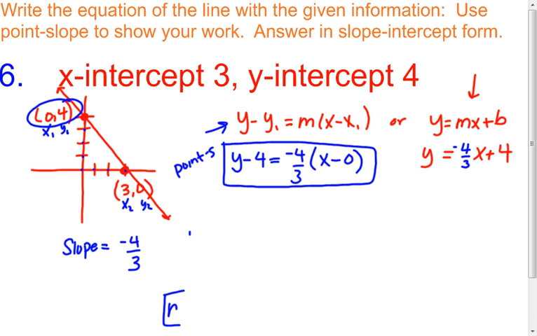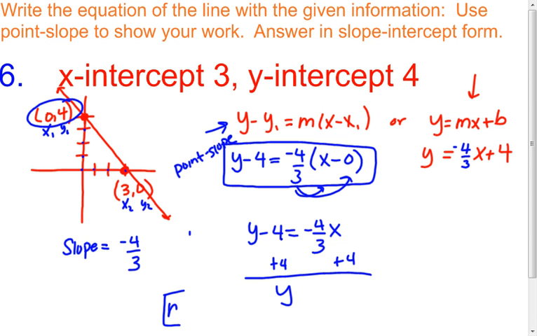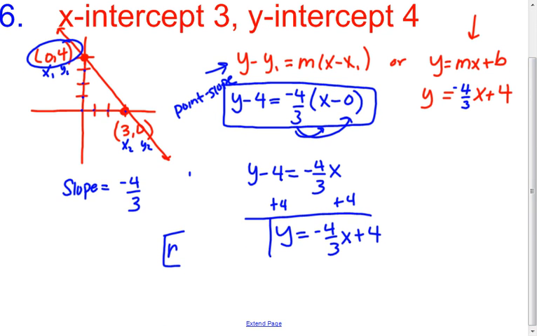If you started here and needed to keep going, you would distribute that through. So I have y minus 4 equals negative 4/3 times x. Negative 4/3 times negative 0 is just 0, and I don't need to write that. And then, of course, I would add 4. I already knew that this was the answer because I did it over there, but that's what it would look like in slope-intercept form.